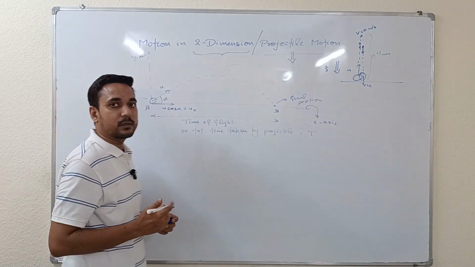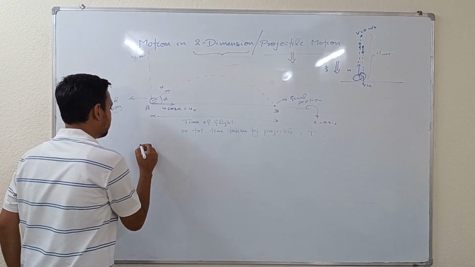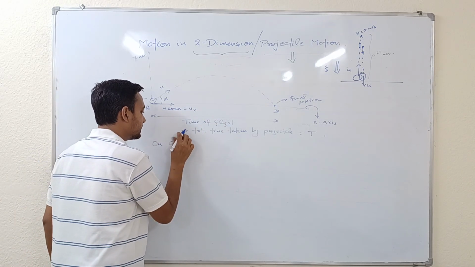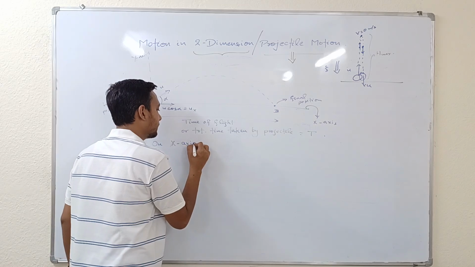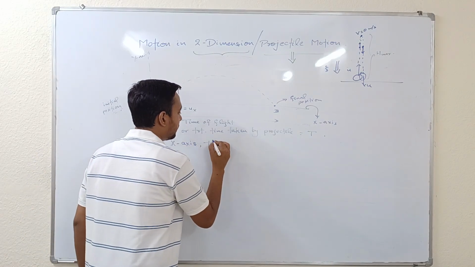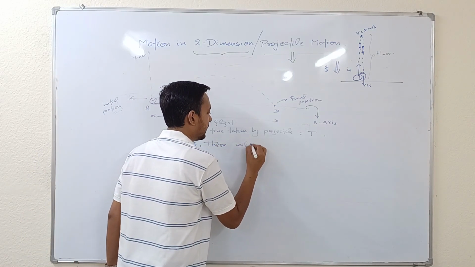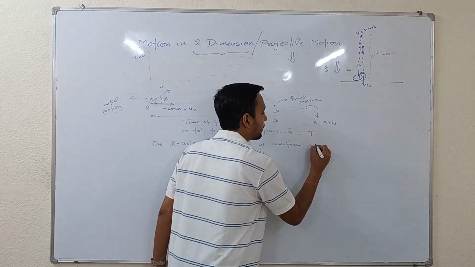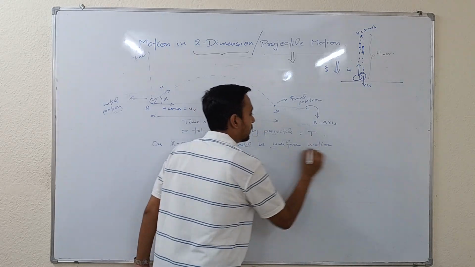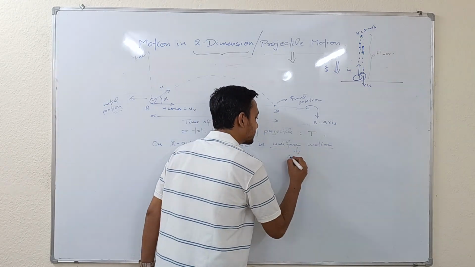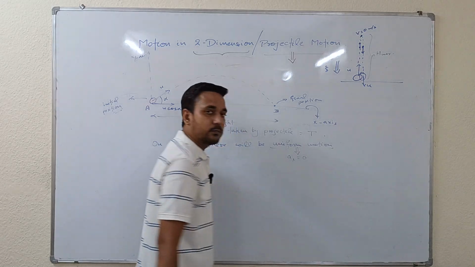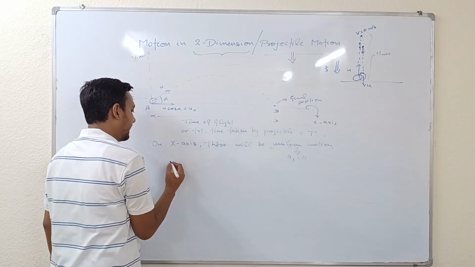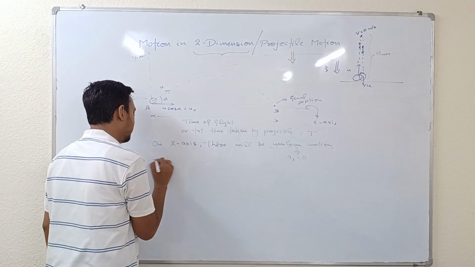So what will the range be? On the x-axis there will be uniform motion, and uniform motion means the acceleration ax will be equal to 0, right?